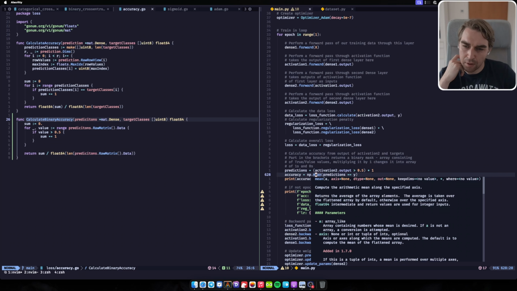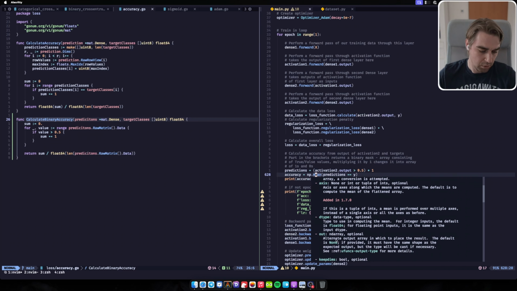Given the arithmetic mean along the specific return, the average of the array elements. The average is taken over the flattened array by default, otherwise over the specified axis. Float 64 intermediate and return values are used. Okay.